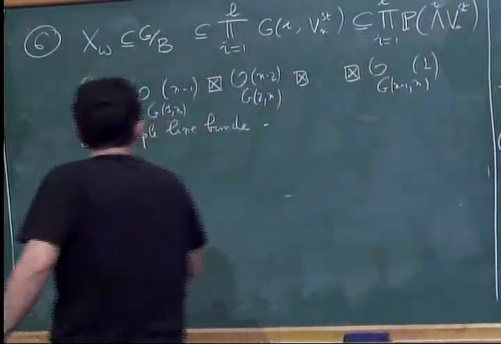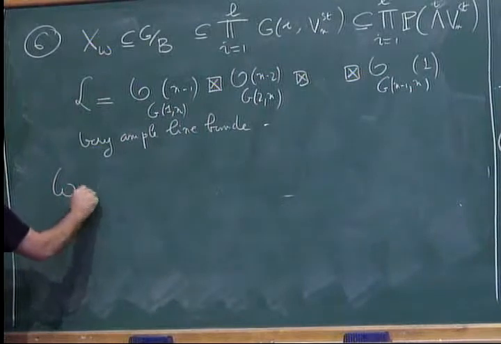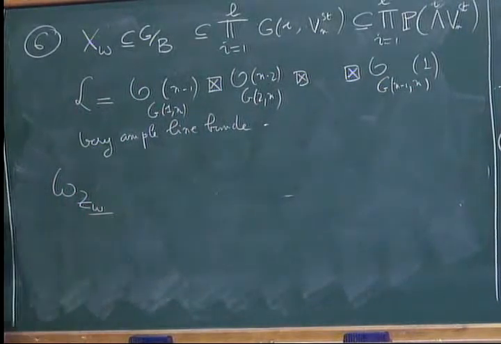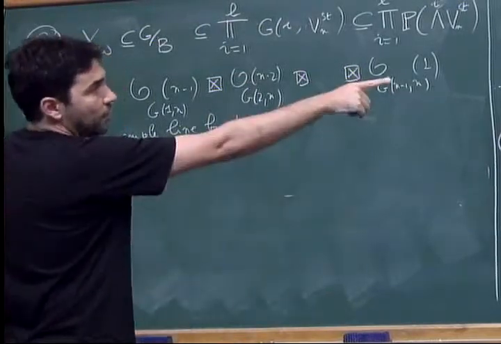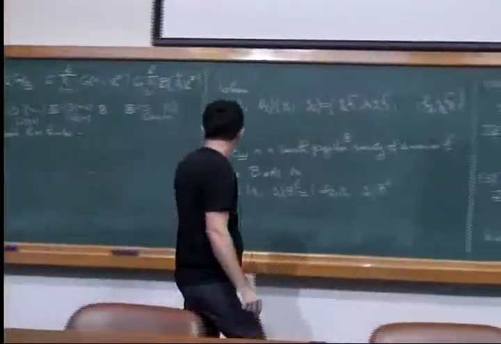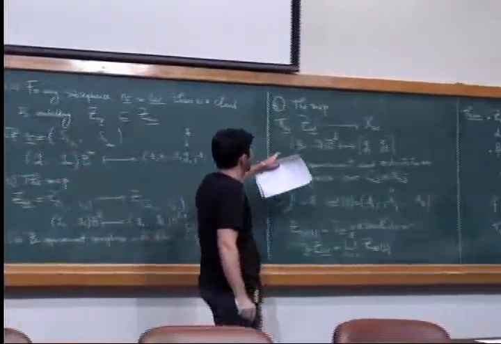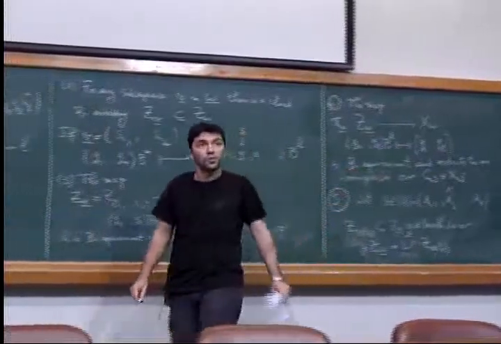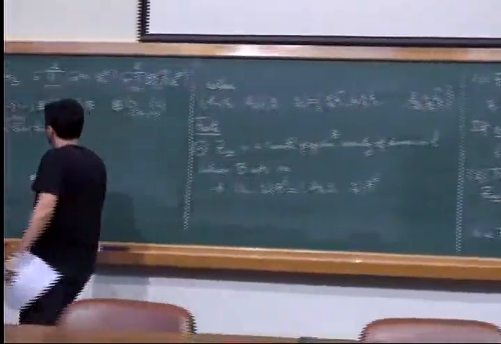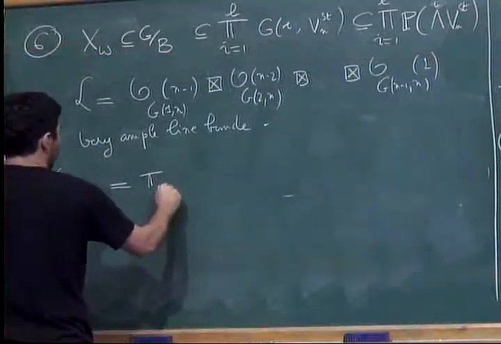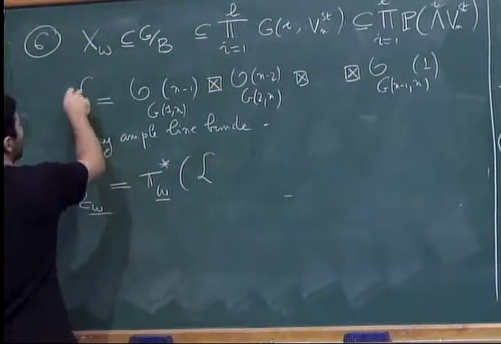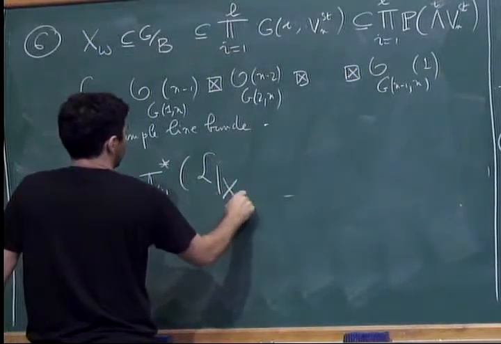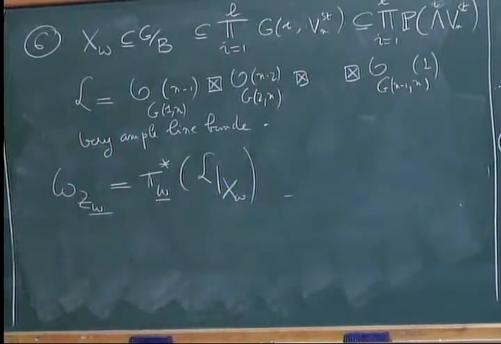And the formula is the following. The canonical class of Z omega is the pullback under pi omega, which maps Z omega to the corresponding Schubert variety, of your line bundle restricted to X omega.